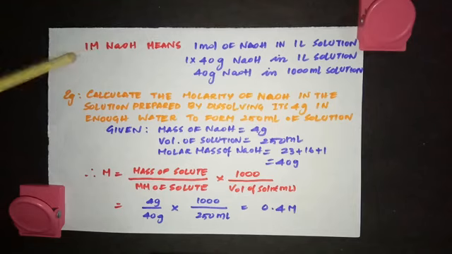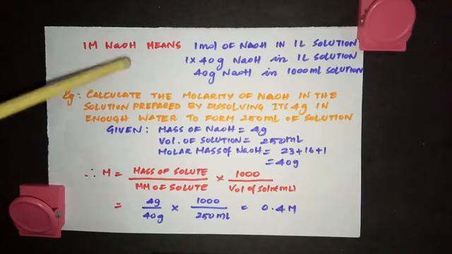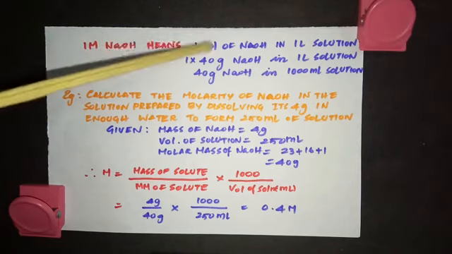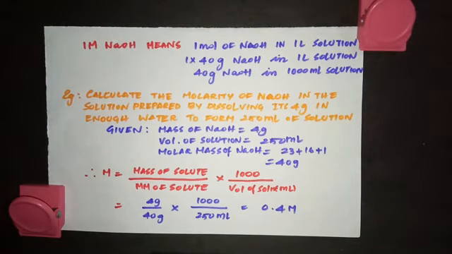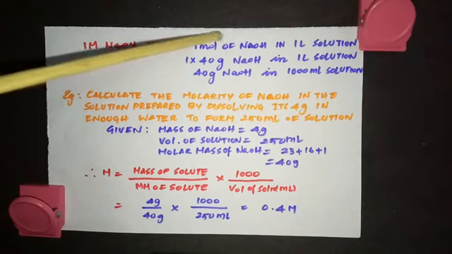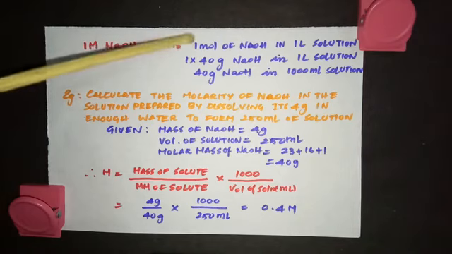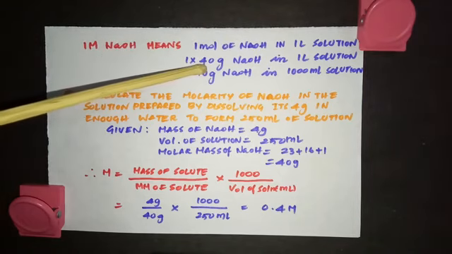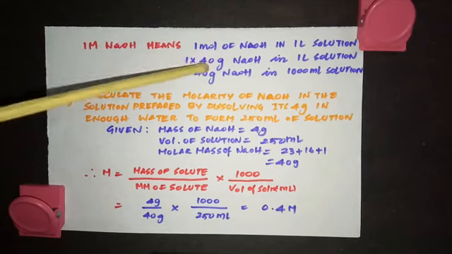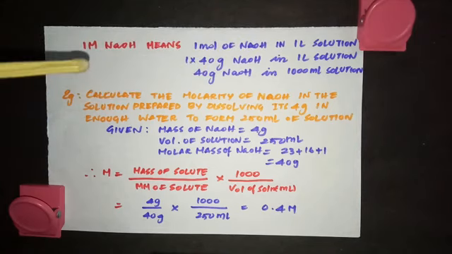So look here, when we say 1 molar NaOH solution, it means 1 mole of NaOH is present in 1 liter of the solution. This is in moles. You can say 1 mole of NaOH is present in 1 liter of the solution, or you can multiply this number of moles with molecular mass of NaOH. So that gives you gram of NaOH in 1 liter of the solution.